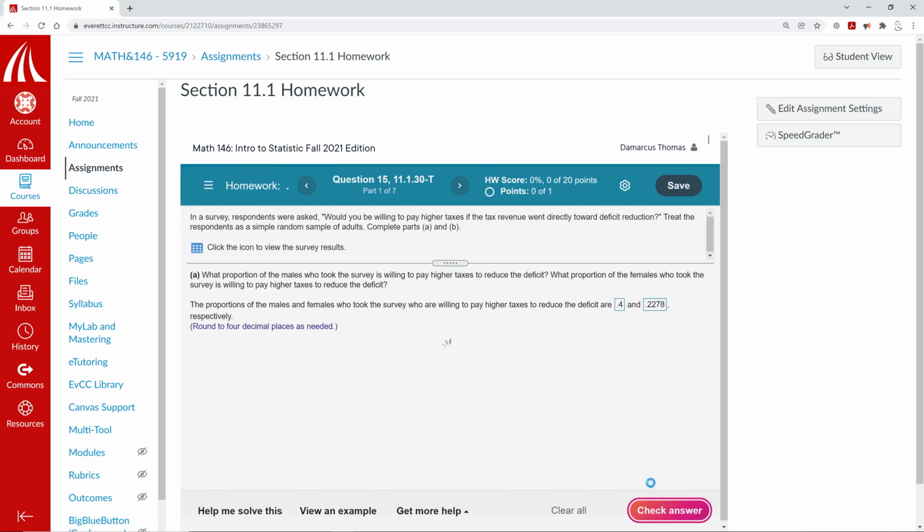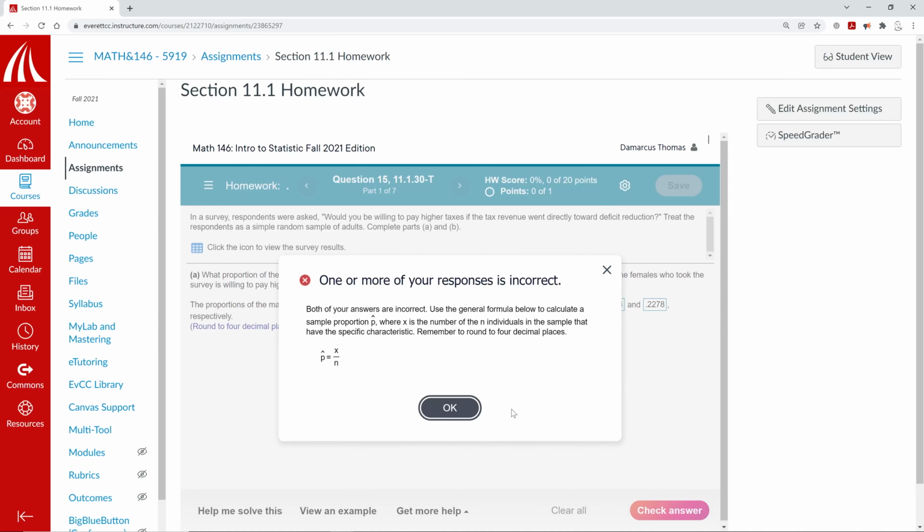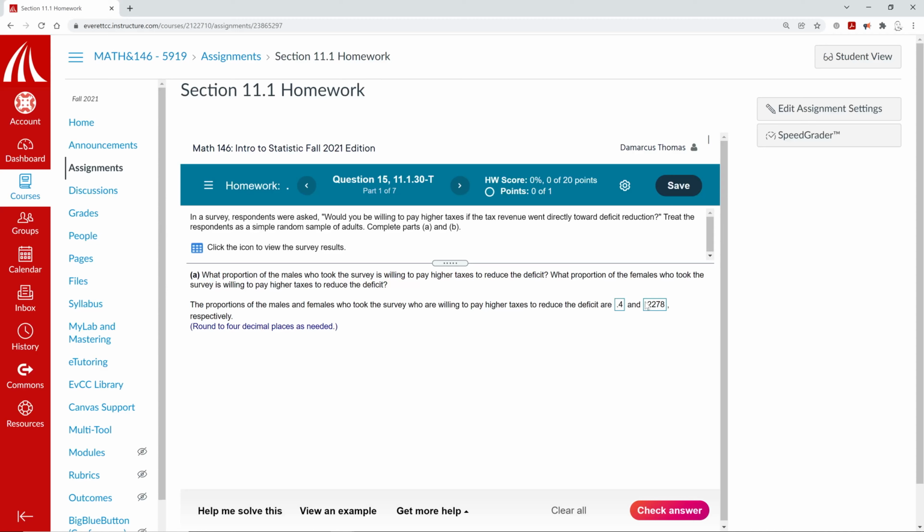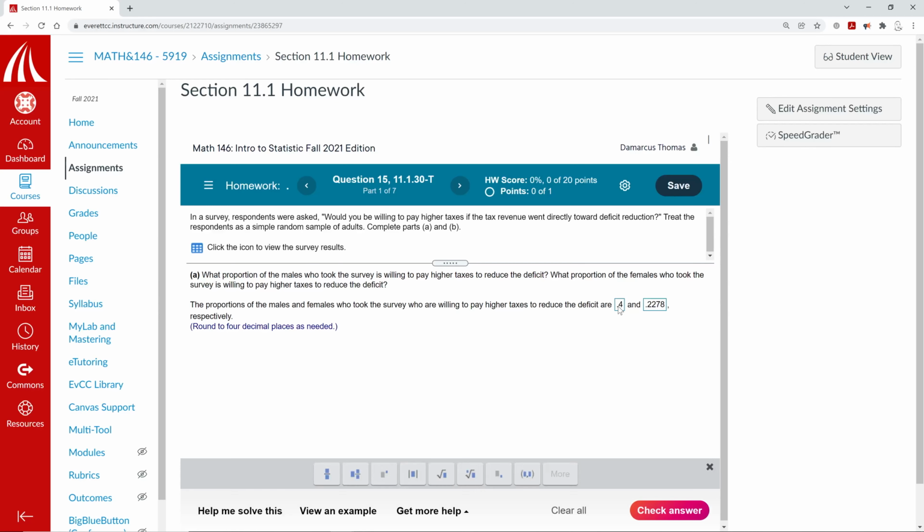Hopefully this works. Actually, it's the other way around, huh? Male was 0.2278, the female was 0.4.